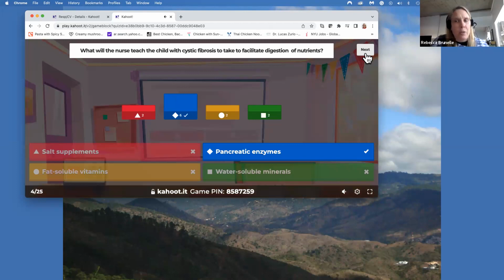So they need their pancreatic enzymes. They have thick mucus that clogs their pancreatic ducts, so they can't secrete the enzymes that they need to digest their food. They also frequently take fat-soluble vitamins, but that doesn't facilitate digestion of nutrients. What they need to digest their nutrients are their enzymes.